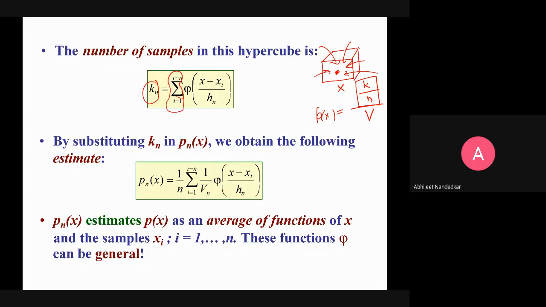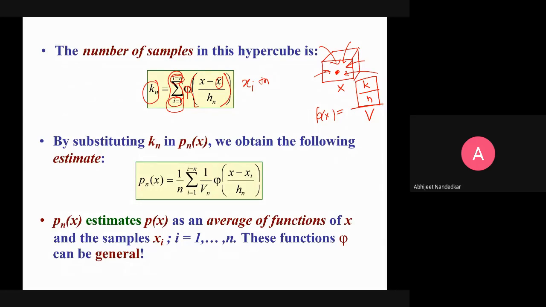You can see i equal to 1 to n, and this psi function is doing the job of checking whether the xi-th training sample is falling in this box or not.